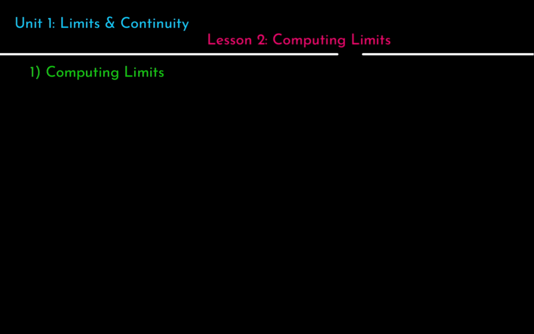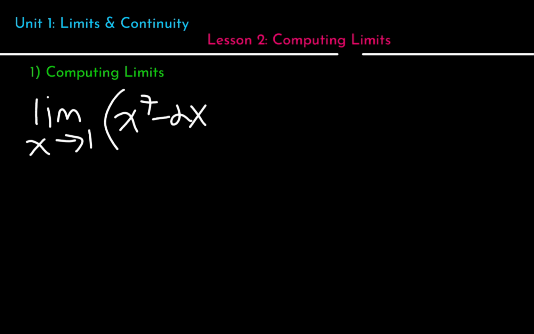So, for example, if I have this problem, limit as x goes to 1 of x to the 7th minus 2x to the 5th plus 1 to the 35th power, how are we supposed to evaluate this? This is a huge inner function, and it's just unbearable at the moment.